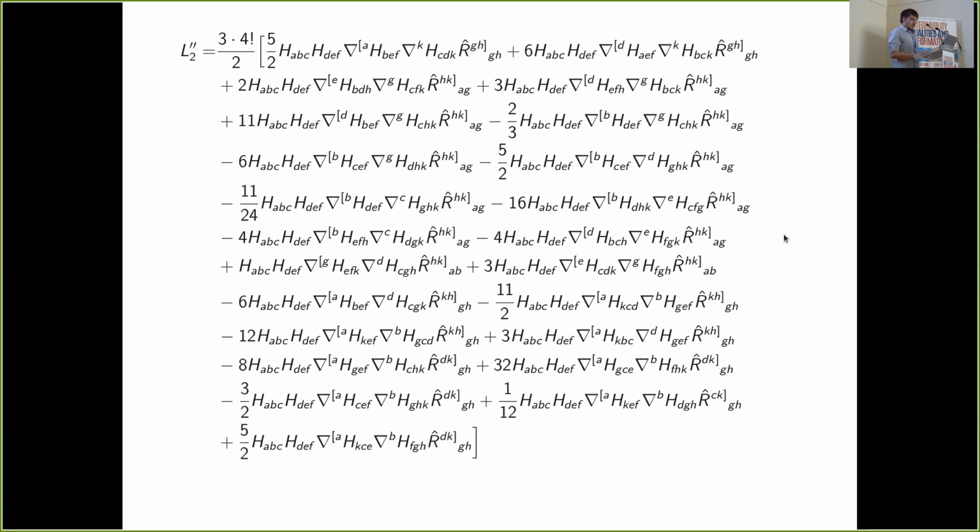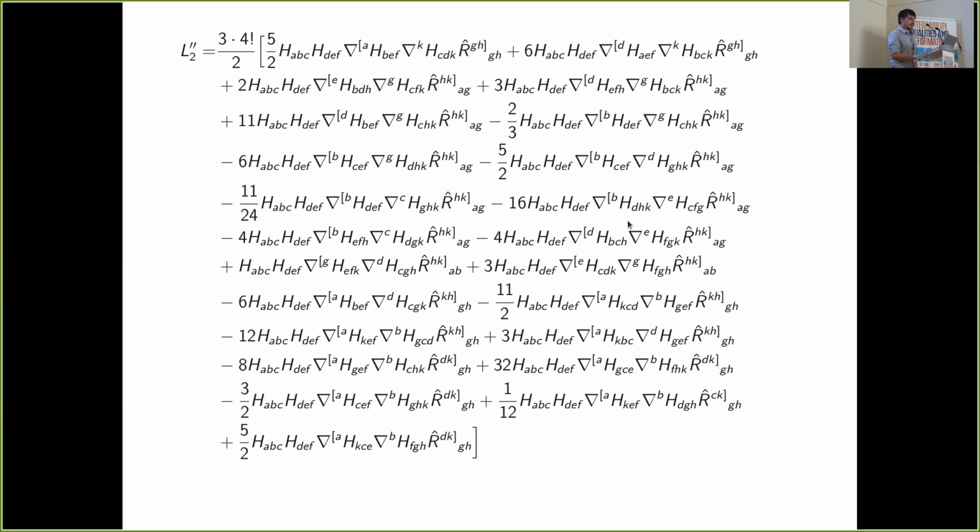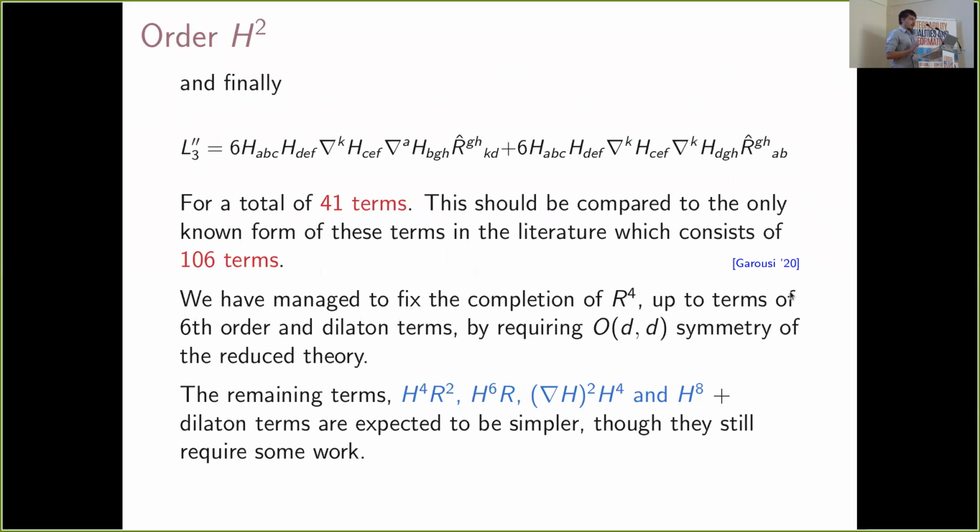But what's important in both these is that there's an antisymmetrization in the indices on the derivatives and 2 indices on R, which allows you to partially integrate these terms and write the dimensionally reduced terms in a specific form. I don't have time to explain exactly why, but all these have an antisymmetrization for a very good reason. And then there are 2 terms that cannot be written in that antisymmetrized form, and they're these 2 terms. Okay, the form of these terms is not very important.